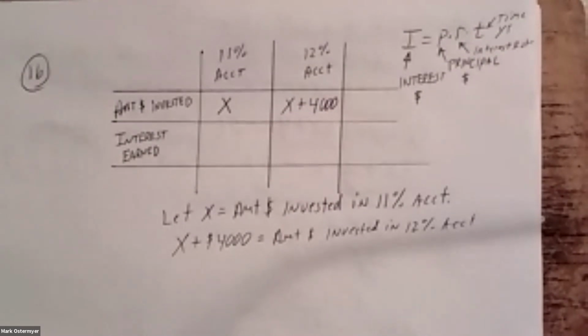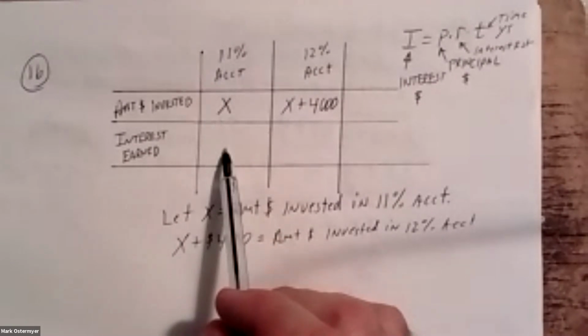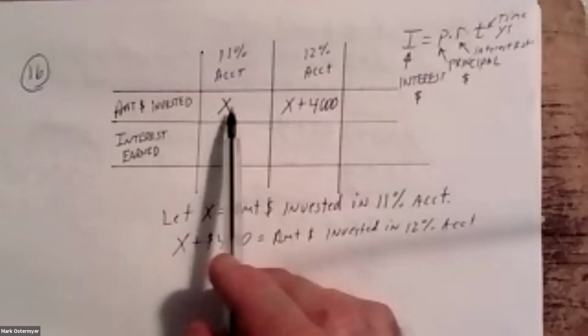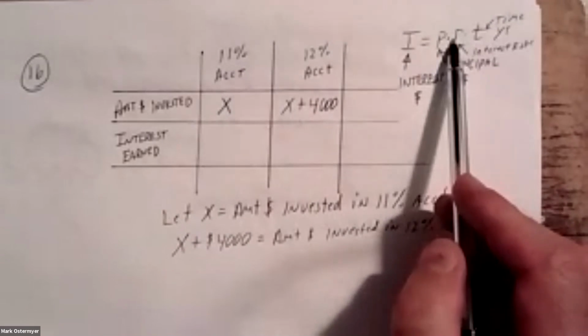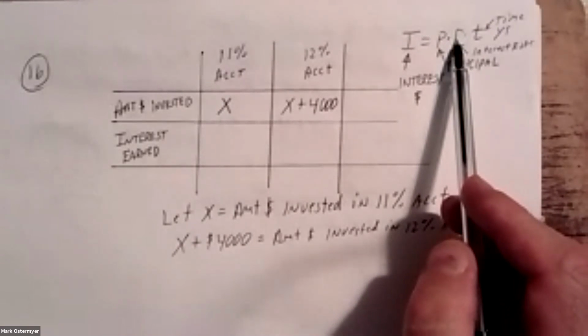All right, now, how much interest will I earn from an 11% account if I invest X dollars in that account? Well, interest earned is principal times rate times time. We're assuming we're going to leave the money in the account for 1 year in both accounts. What's 11% as a decimal?